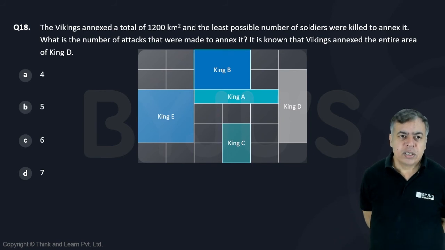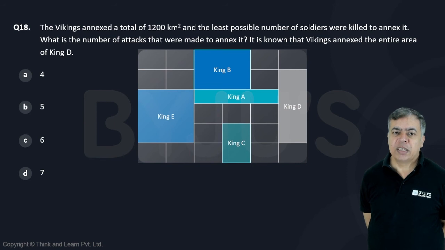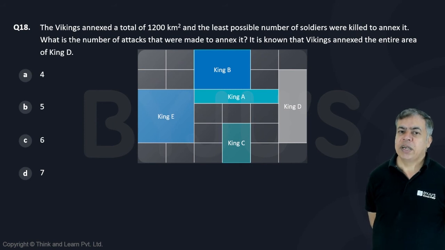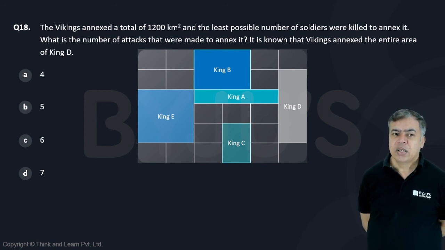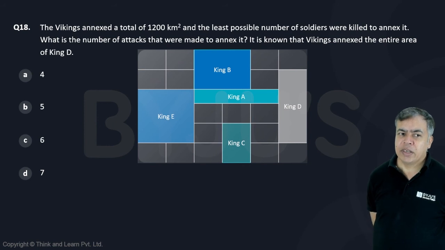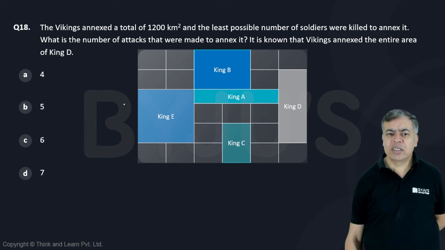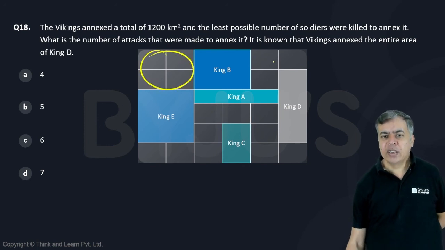Okay, the question says the Vikings annexed a total of 1200 kilometers square and the least possible number of soldiers were killed to annex it. What is the number of attacks that were made to annex? It is known that Vikings annexed the entire area. So we did already this question that we will attack one here, one here, and then 1, 2, 3, 4.